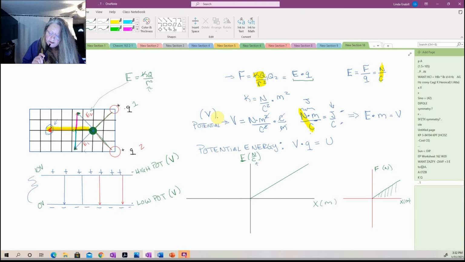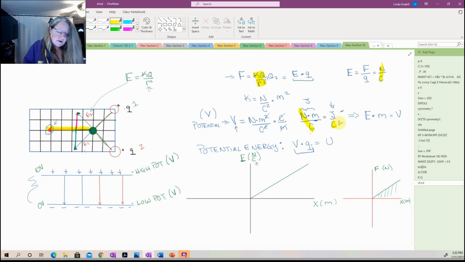So potential energy then is taking my potential, my V, and multiplying it by Q, because if I do that, what happens? The C goes away. I have units specifically in terms of energy.